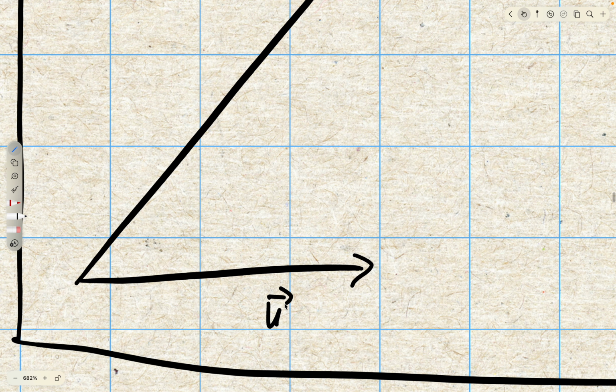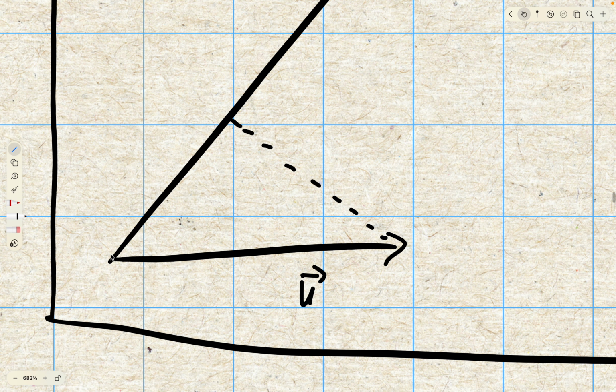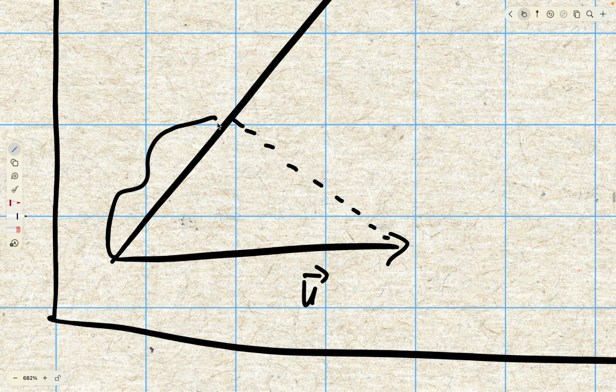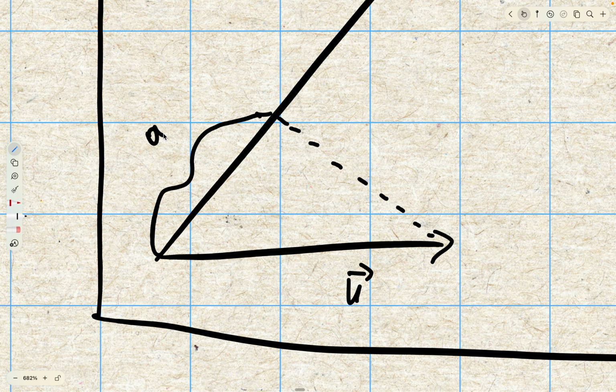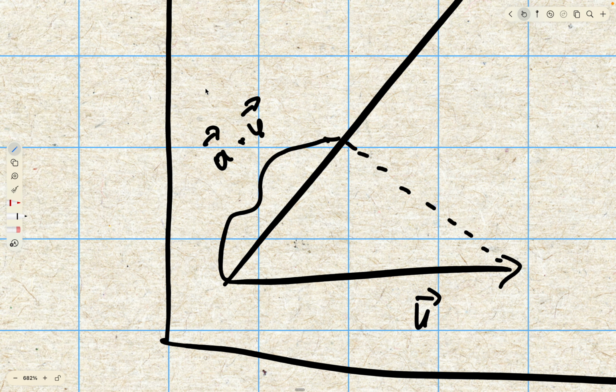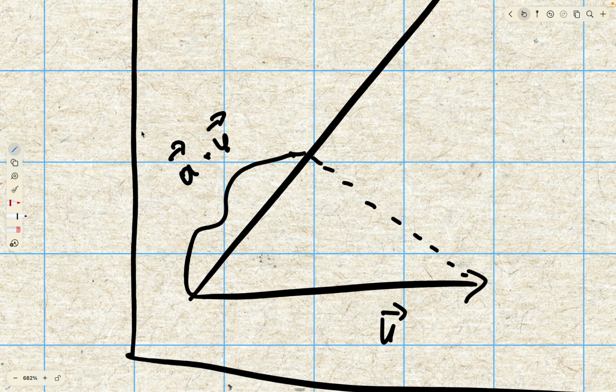So projecting simply means that we draw a perpendicular to the other vector, and this length is simply the projection. And as you can remember, we were looking for the maximum value for this.